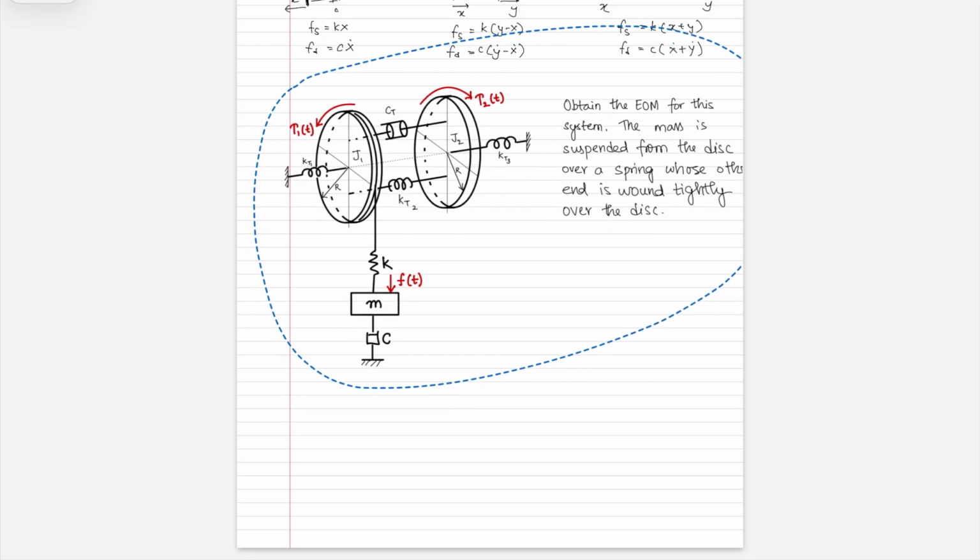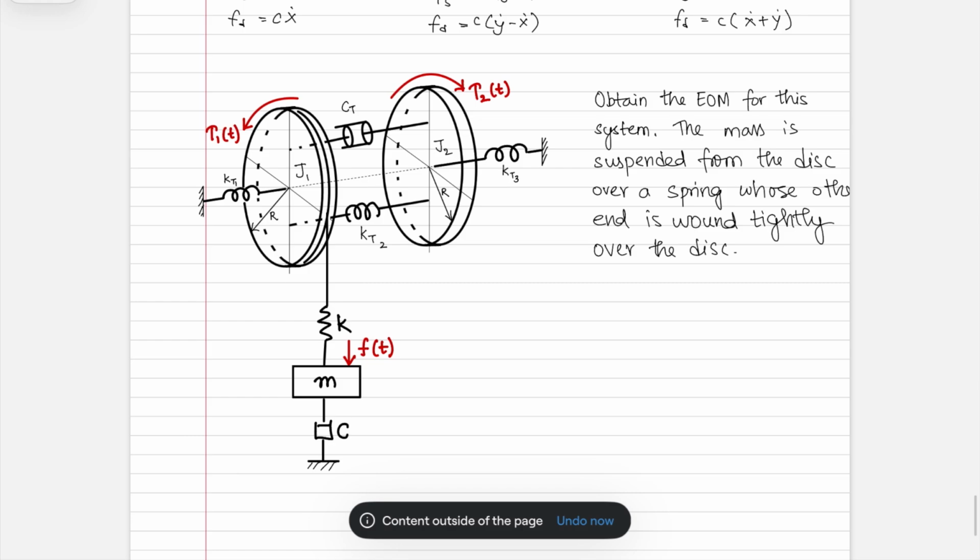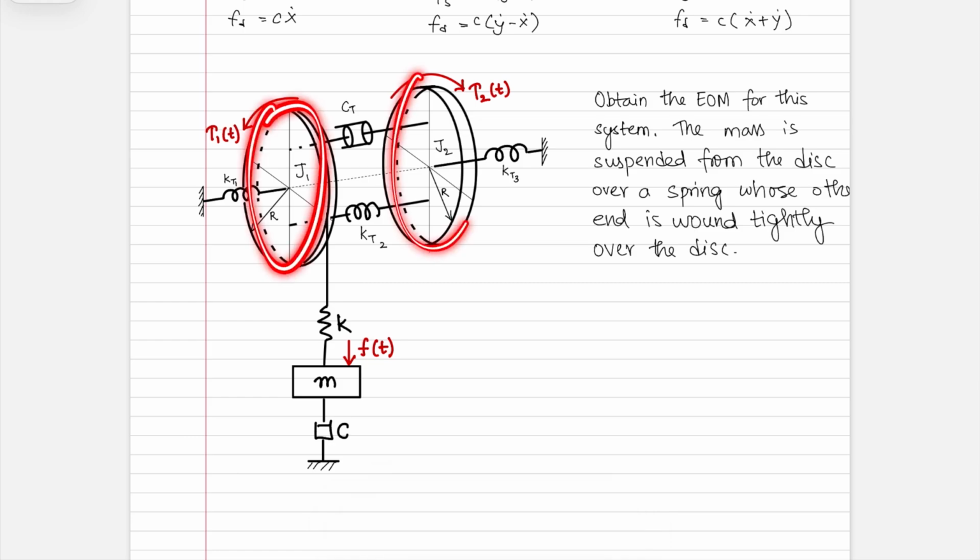So effectively, you have a representation of this system where you have two discs. You have a torsional spring here, a torsional damper connecting disc 1 to disc 2, and also a torsional spring connecting disc 1 to disc 2. And there's a spring between disc 2 and this rigid wall as well.